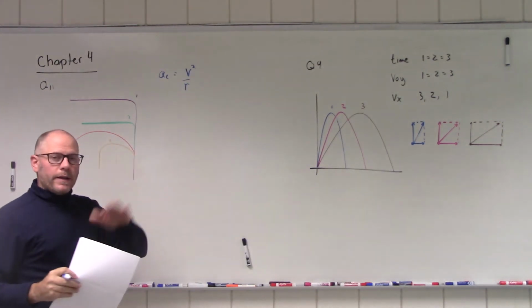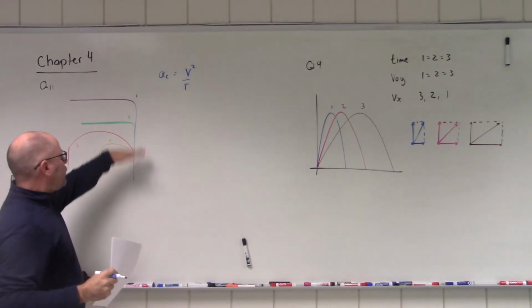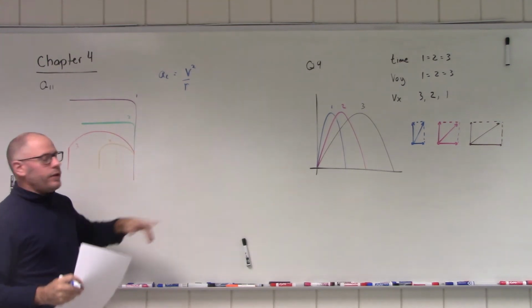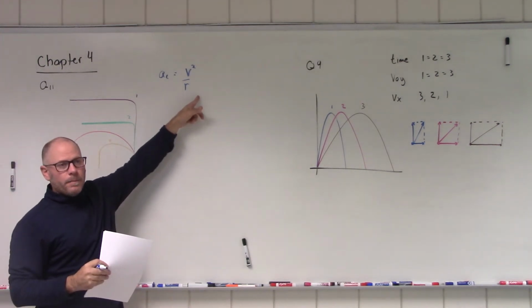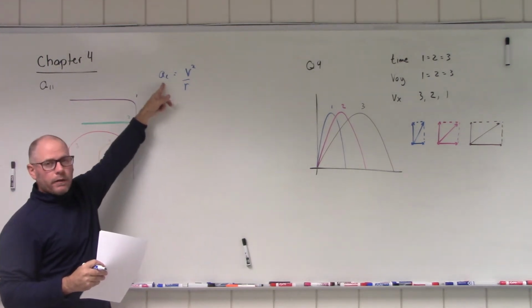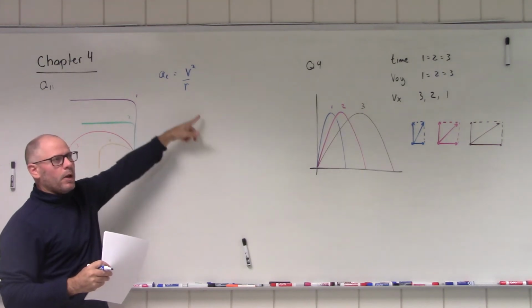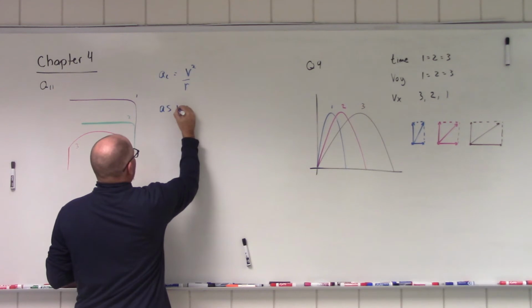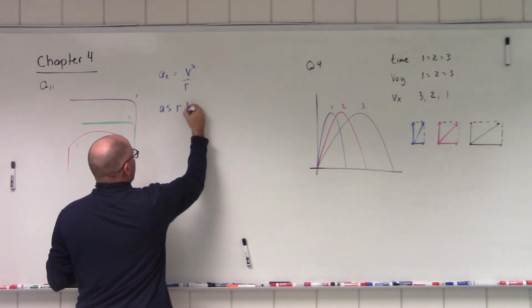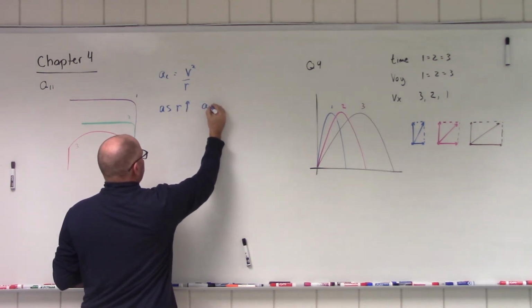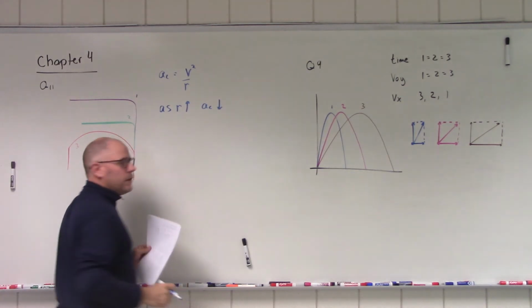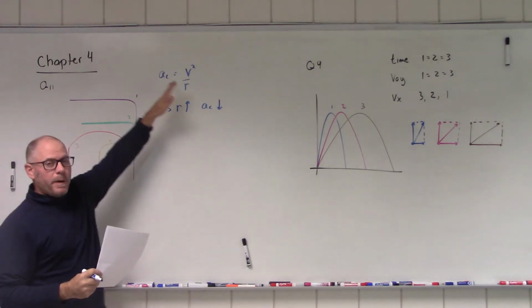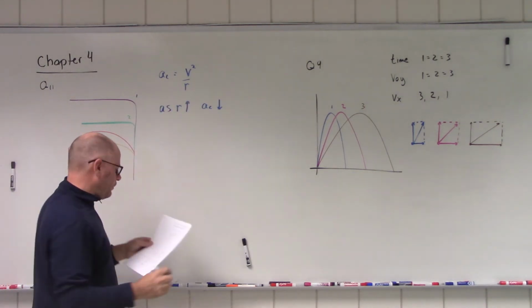It says they're all going at the same speed, therefore, it's the radius that dictates the amount of acceleration. Since the radius is in the bottom, a bigger radius would be smaller acceleration, or a smaller radius would be bigger acceleration. So, as the radius value goes up, the acceleration value goes down. Now that's true as long as the speed's constant, and that's what we have here.